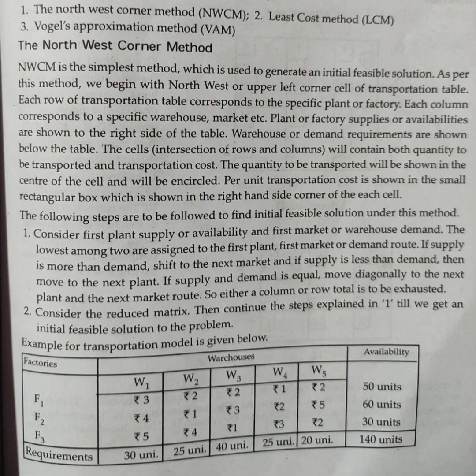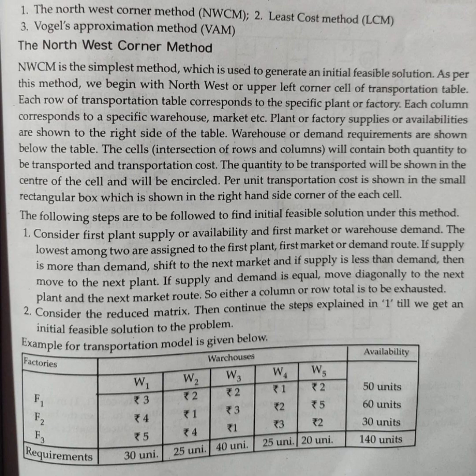Each row of the transportation table corresponds to a specific plant or factory. Each column corresponds to a specific warehouse, market, etc. Plant or factory supplies or availabilities are shown on the right side of the table. Warehouse or demand requirements are shown below the table.